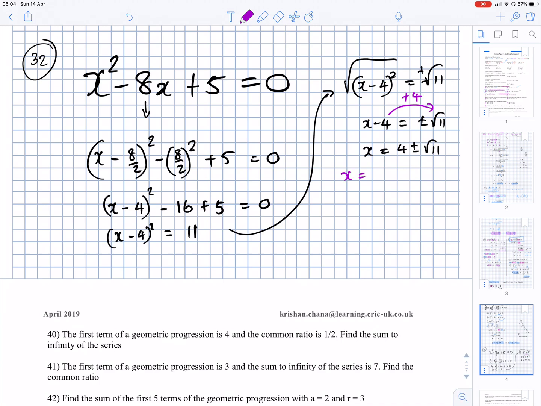So x equals 4 plus root 11, or x equals 4 minus root 11. These are the two values of x for the equation x squared minus 8x plus 5 by completing the square.